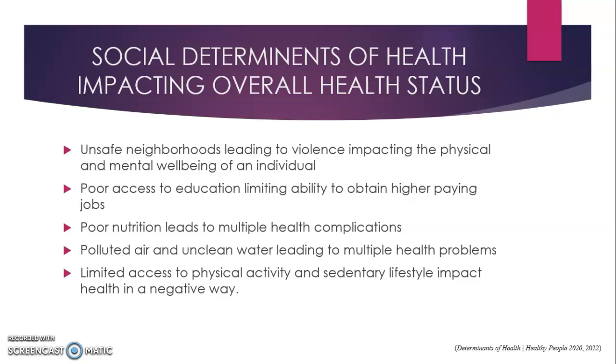If you are a victim of violence that has occurred in an unsafe neighborhood, you're not only going to have the impact to your health from whatever violent act occurred to you, but if you are in an unsafe neighborhood where violence is a potential, you also have the impact on your mental health because of the worry and the concern, and how that can lead to anxiety and depression. So an unsafe neighborhood with violence can impact your health both physically and mentally.